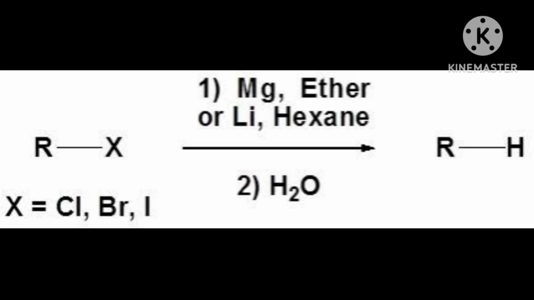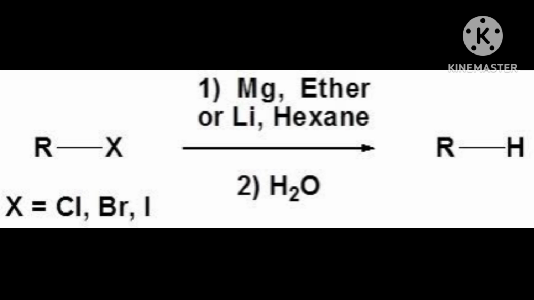Similarly, a primary alkyl halide prefers an SN2 reaction. A secondary halide prefers SN2 or elimination depending upon the strength of the base or nucleophile.